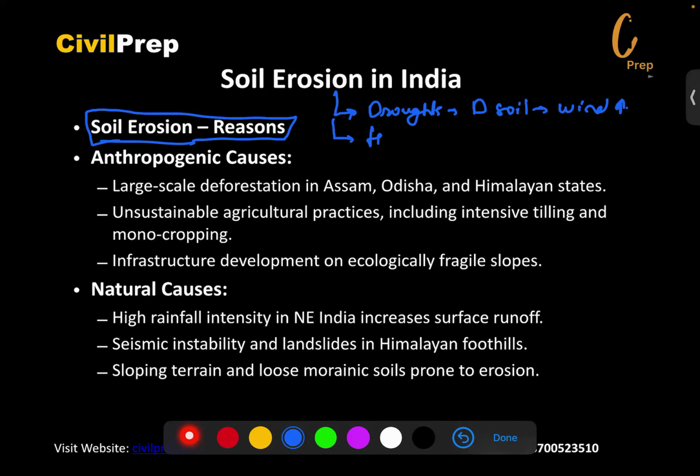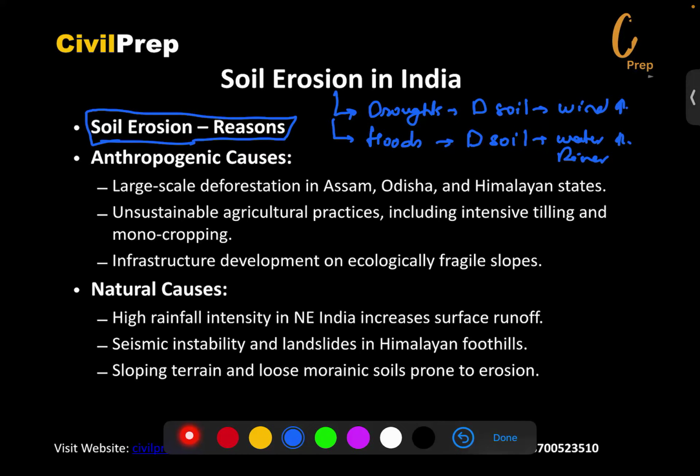Then there are floods, which also result in the degradation of soil, where water erosion or river erosion is dominant. There are certain other factors with respect to landslides, soil creep, then weathering, erosion because of glacial factors, and erosion because of coastal factors: waves, tides, currents.